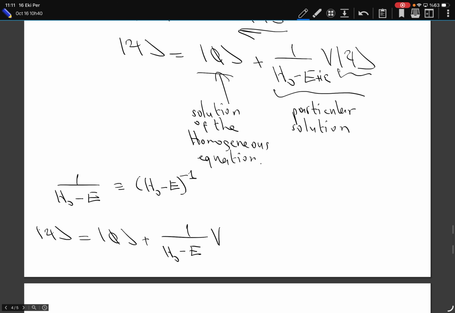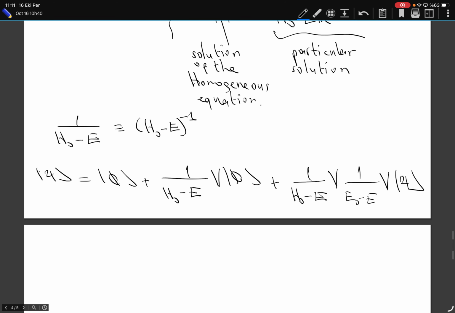Well, now I have a psi state over here, but the psi state I can use this equality to write that psi state. So I would get V phi plus 1 over H0 minus E V, 1 over H0 minus E V psi.